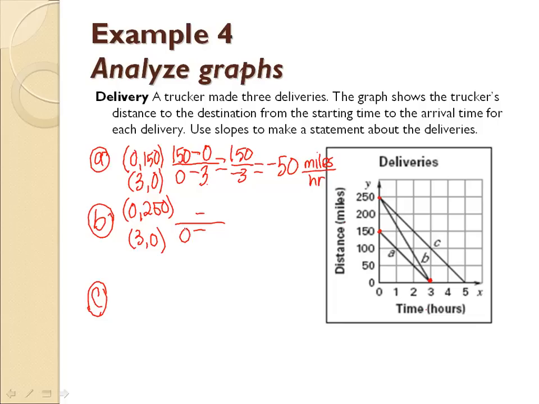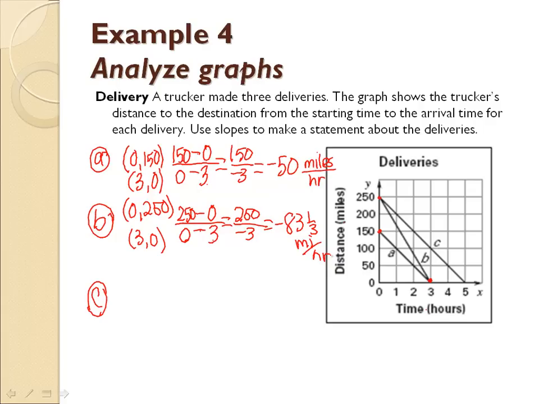I'm going to plug 0 in the bottom, 250 above it. 3 goes in the bottom, 0 goes above it. 250 minus 0 is 250, over 0 minus 3 is negative 3. 250 divided by negative 3 is negative 83 1/3. And we're still using miles per hour.